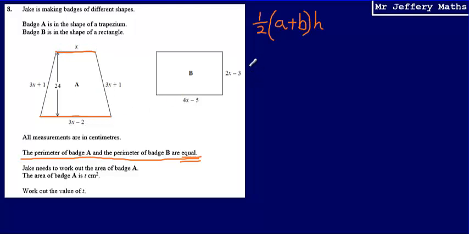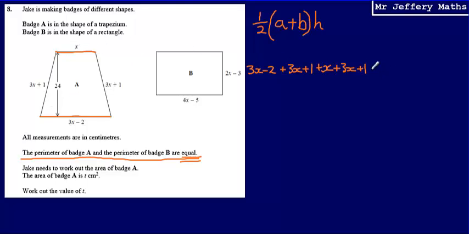So we can say that this is going to be 3x minus 2 plus 3x plus 1 plus this length at the top, so plus 3x plus 1 plus x, and then plus the other 3x plus 1. So plus x plus 3x plus 1. So that is the perimeter for our trapezium.